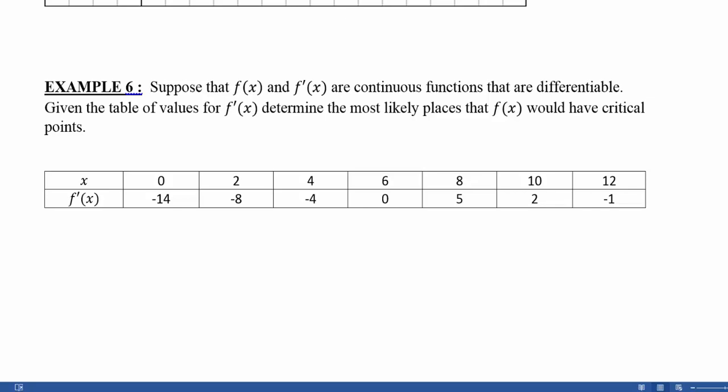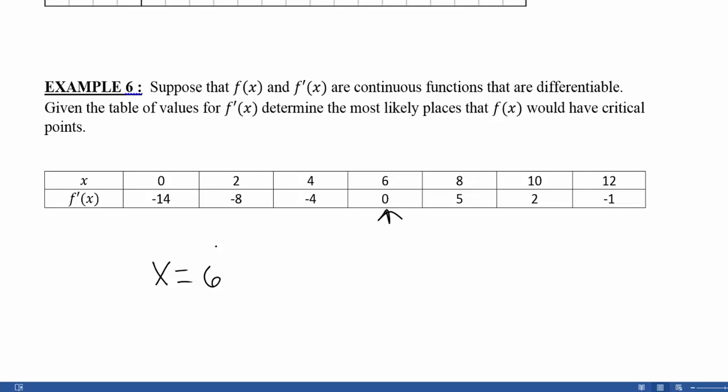So here, again, to find critical points, I want to know when the first derivative equals 0. So an initial scan of my table indicates that my first derivative is going to equal 0 when x equals 6. So x equals 6 is my first critical point of f of x, of the original function.